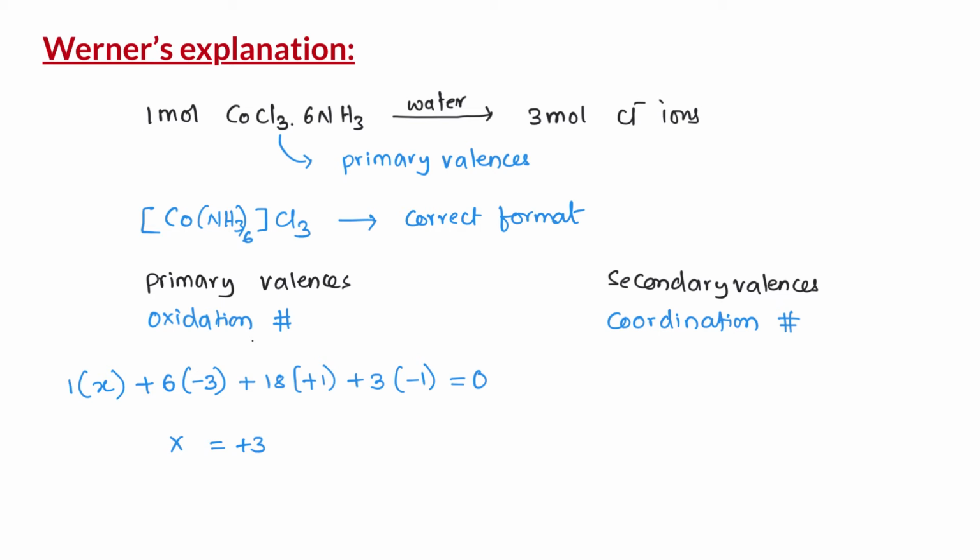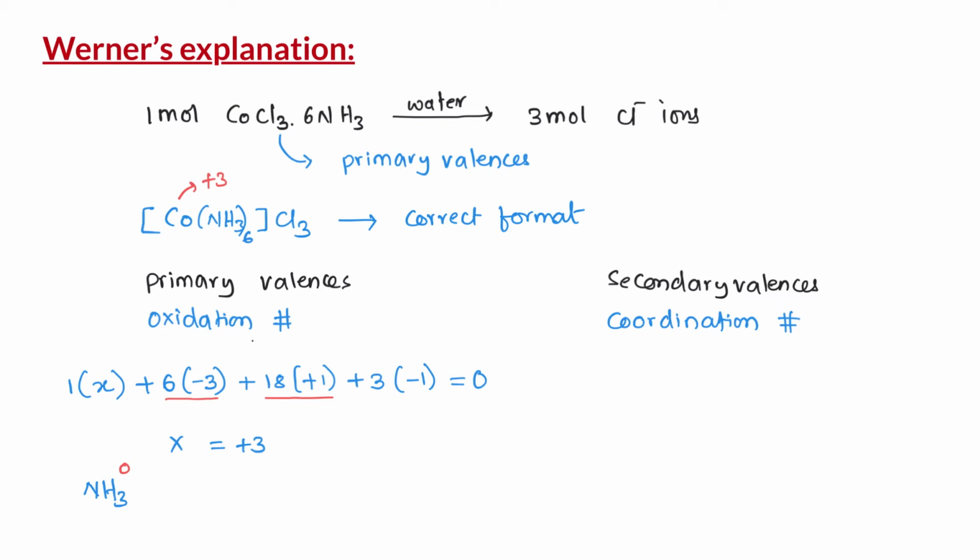This is the oxidation number or primary valence of cobalt in the compound. There is an easier way to do this. We know that ammonia is a neutral molecule. That is, the overall charge on the ammonia is 0. Therefore, instead of adding the oxidation numbers of 6 nitrogens and 18 hydrogens, we can treat ammonia as a group of atoms with a net oxidation number of 0.